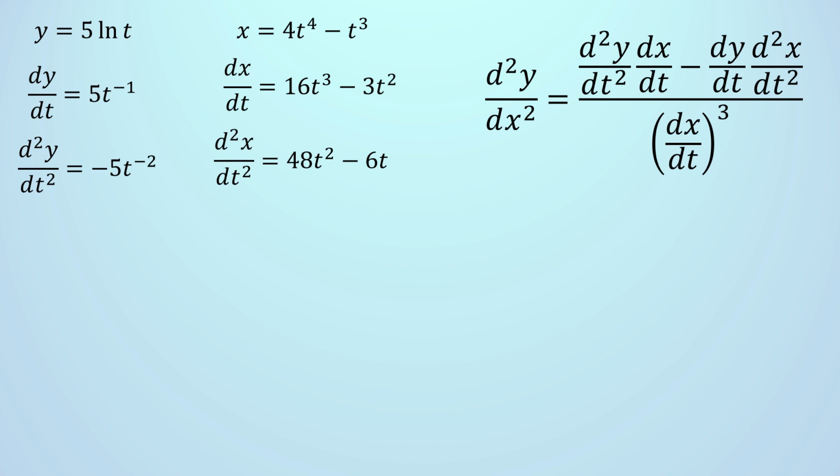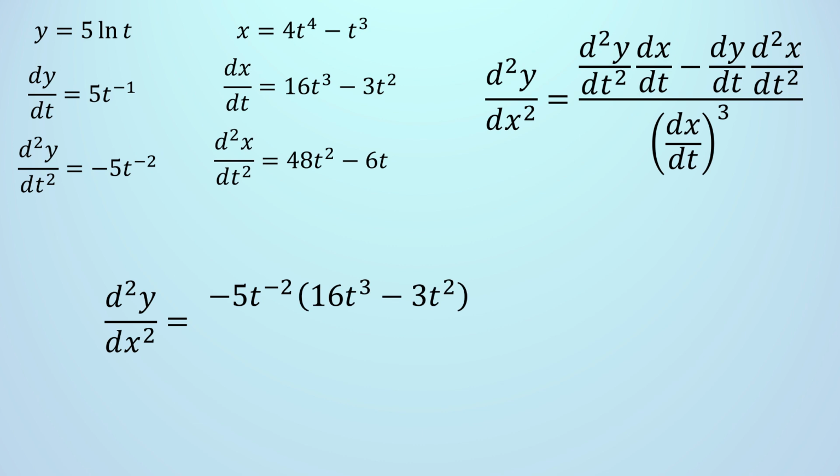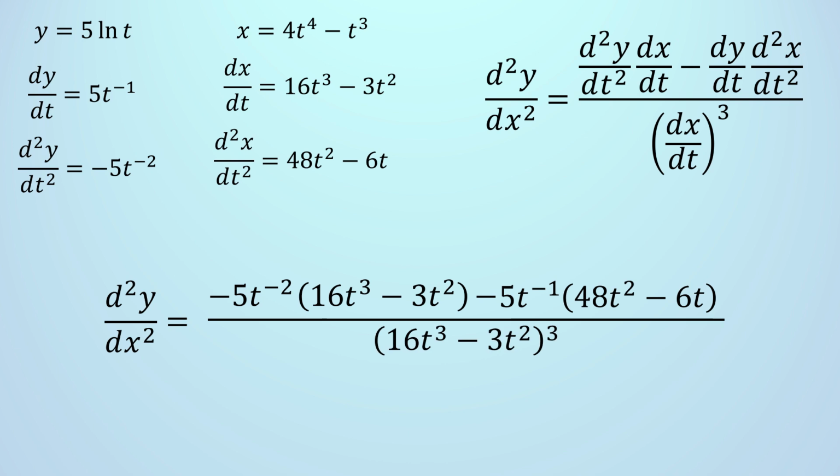So therefore, d squared y over dx squared is going to be our d squared y over dt squared times by our dx over dt minus dy over dt times by d squared x over dt squared. And then dividing that all by dx over dt all cubed. So there you go.